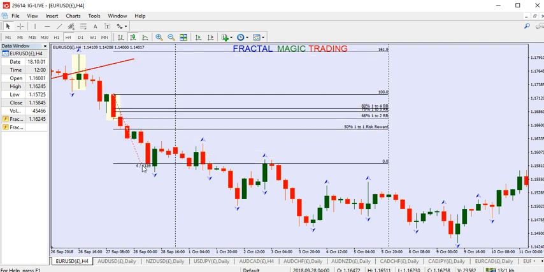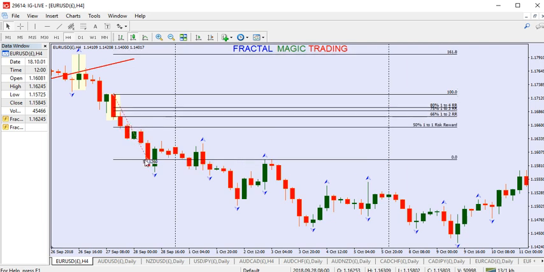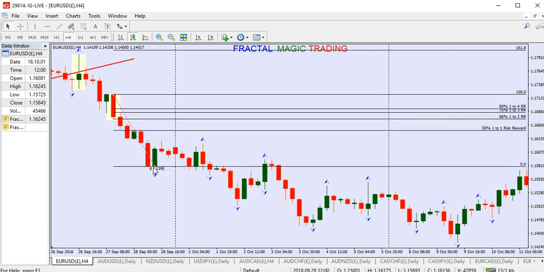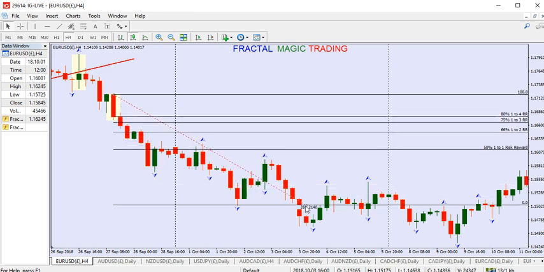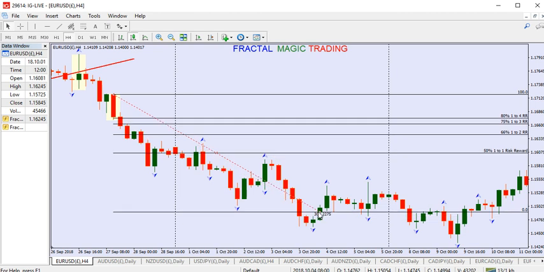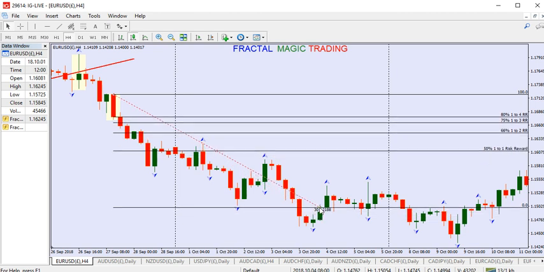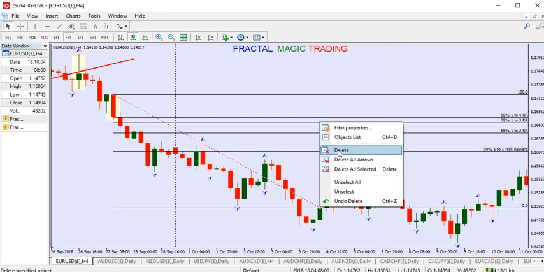Then we'll get our 2-to-1 there, and we'll get a 3-to-1, and depending on where we move our stops to, we get a 4-to-1. So quite a nice return.